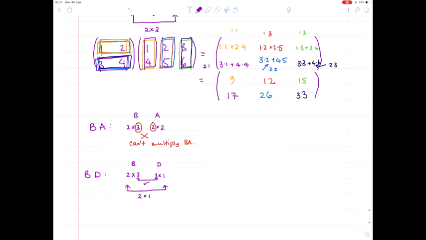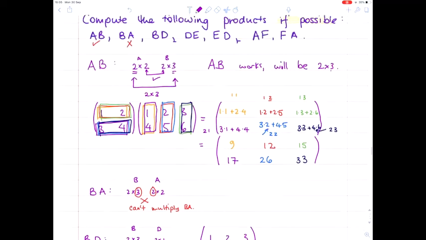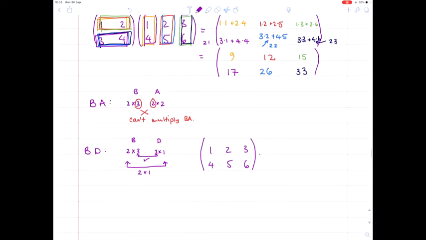So let's write this down. So we've got B, which is 1, 2, 3, 4, 5, 6. And we're going to dot this with D, which is 1, 2, 3. And we know that our solution is going to be a 2 by 1 matrix.